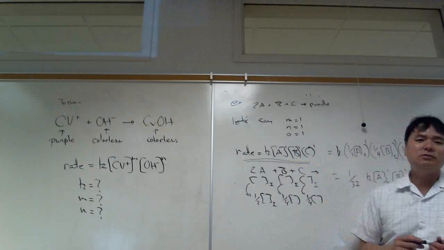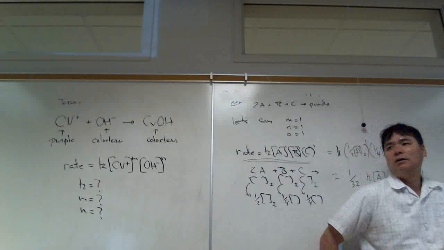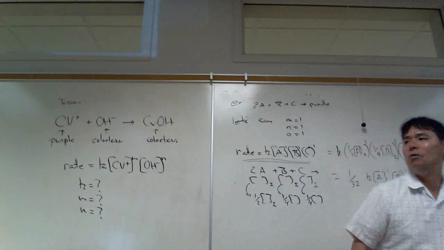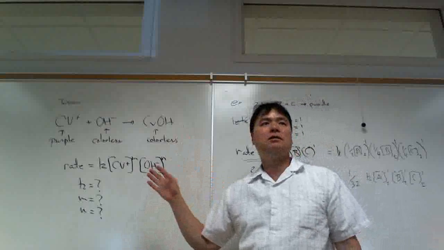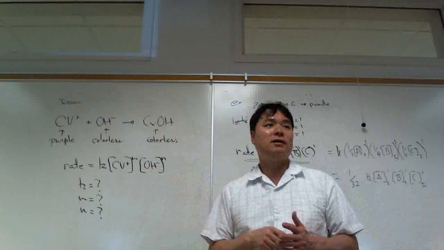And so the integrated rate laws that I gave you yesterday are only good for single reactants decomposing into products, or pseudo single reactants decomposing into products. Then the integrated rate law is valid, right?